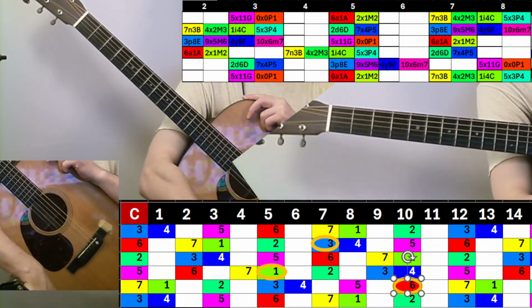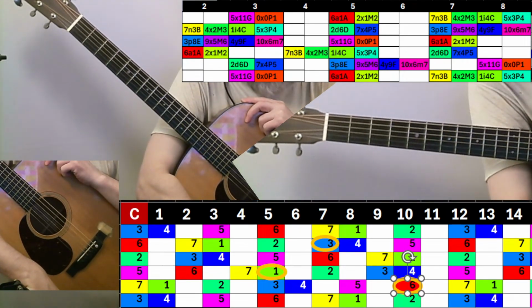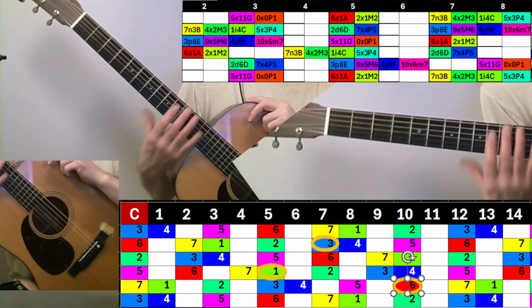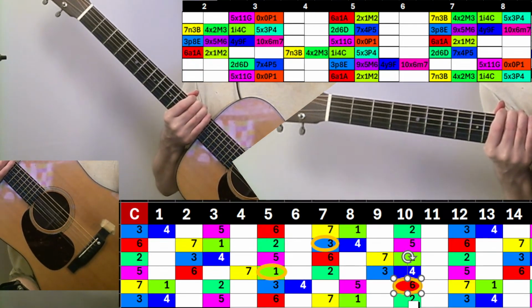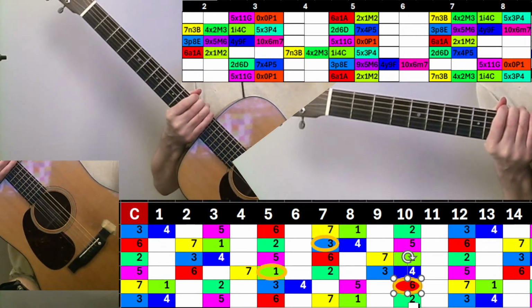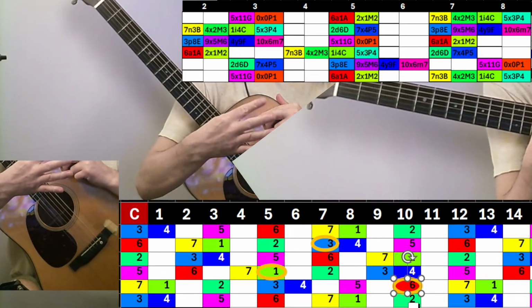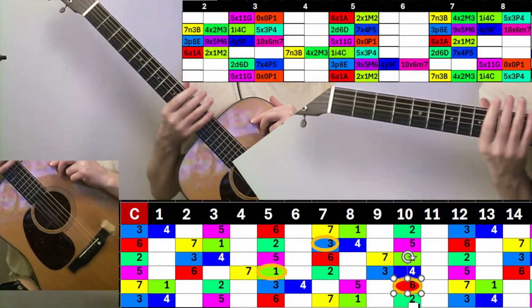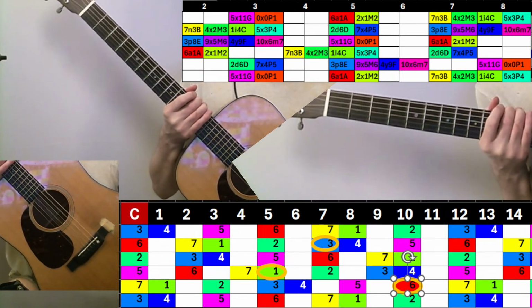So I know that it would be 6 modal half steps up from the A. So 6 plus 6 is 12. 12 is greater than 7. So 12 minus 7 is 5. So I'm looking for nodal point number 5, which is the Mixolydian.